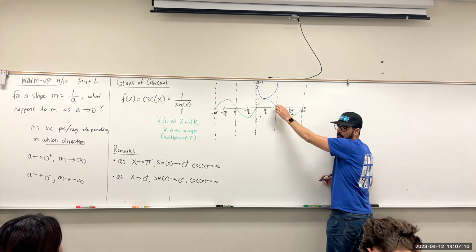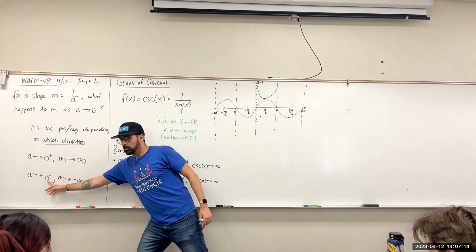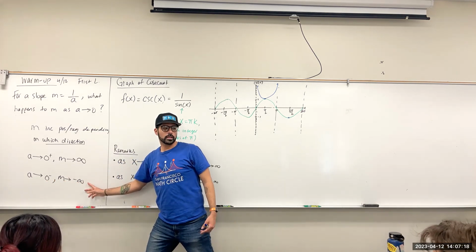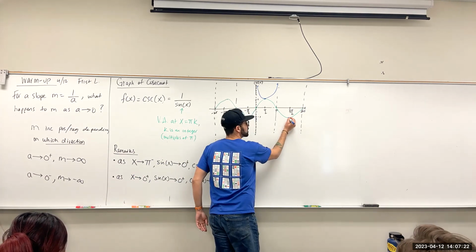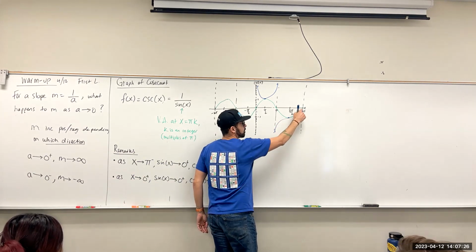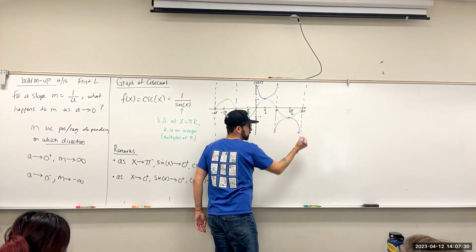Approaching 0, right? But from negative values. So what happens to the overall fraction? It goes to negative infinity. So cosecant now is going to shoot down towards negative infinity. And the same logic is used here to show that this goes down to negative.